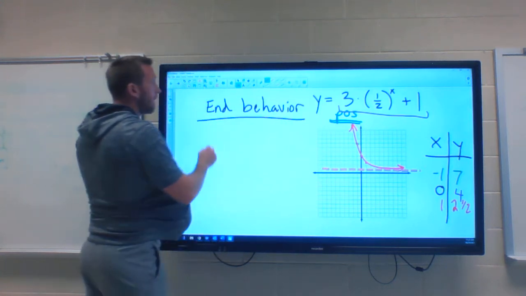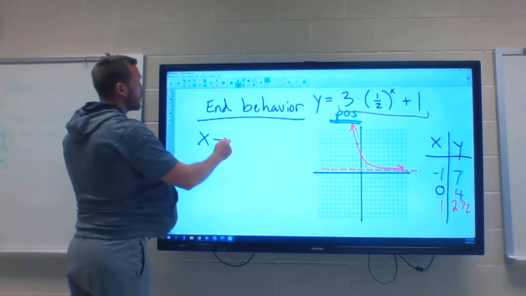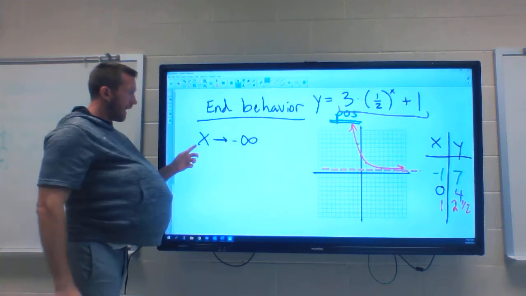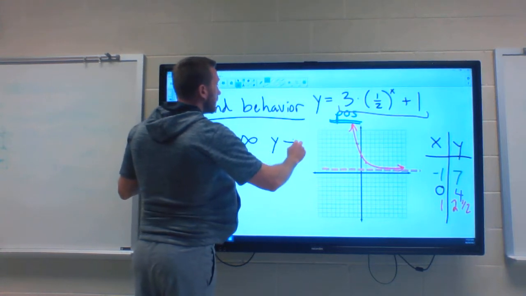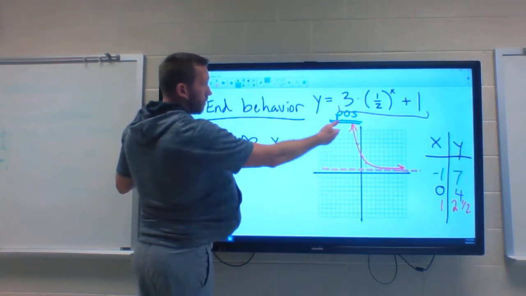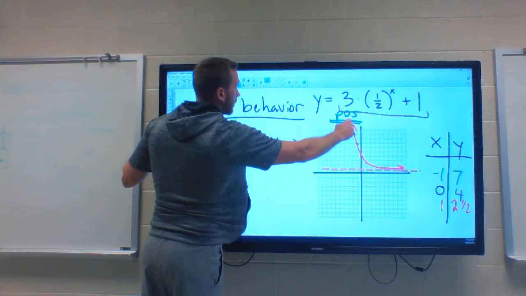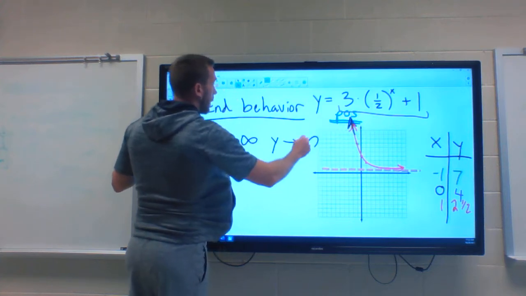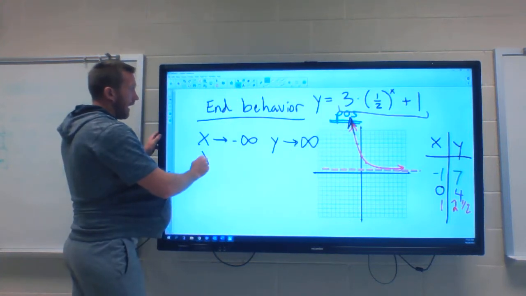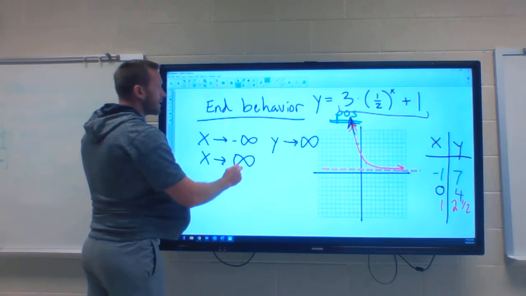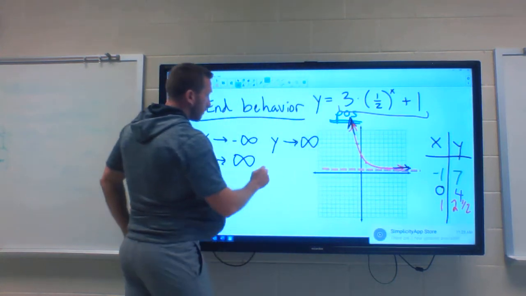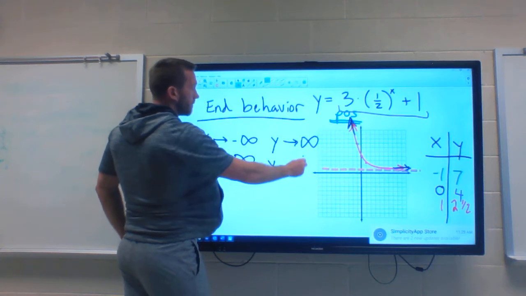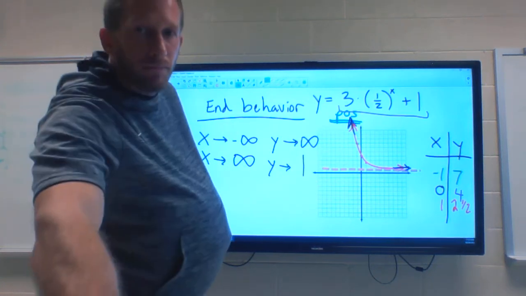And recall, end behavior asks us as we go to the left, and the way we write that is x goes to -infinity. That means as we go to the left, y goes to whatever height it goes to. Well, as we look to the left, the y keeps going up forever to infinity. And as we go to the right, hey, our height is approaching that asymptote of 1.